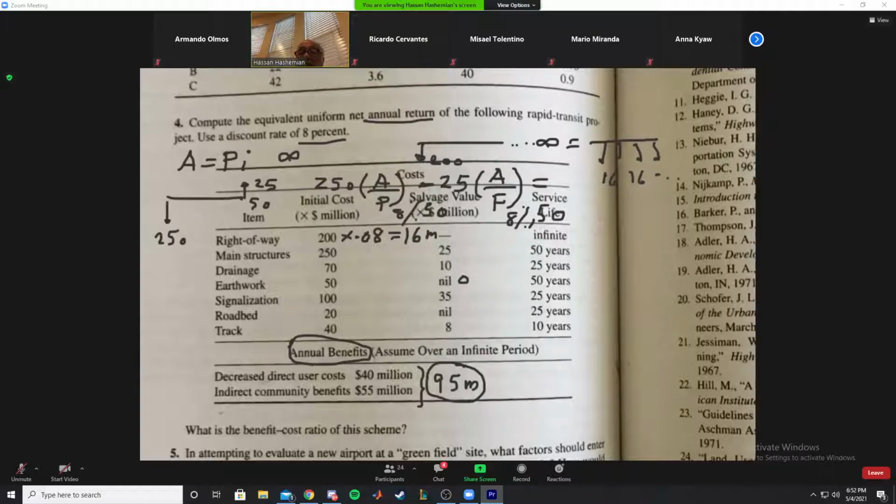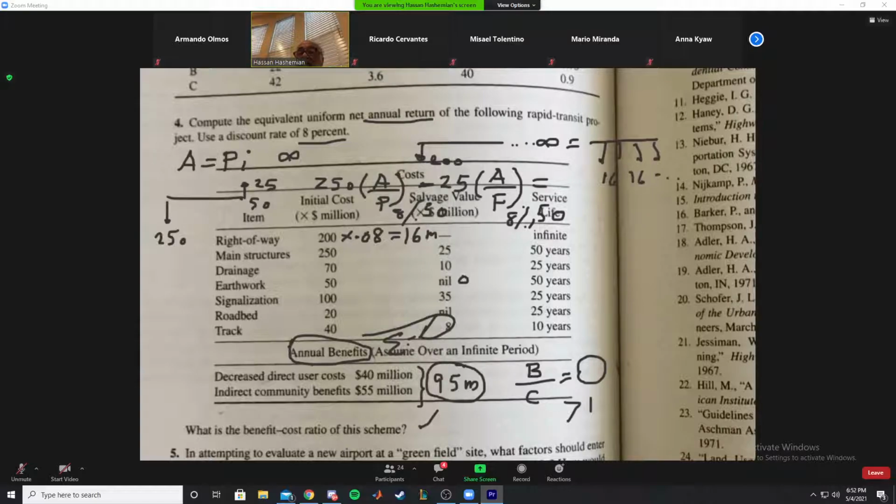When you do that, you add up all of them together, and that will be your cost. This will be your benefit. So you can find what would be your B over C ratio, because that's what they are asking. What's the benefit cost ratio? Whatever it is, if it's greater than 1, means the project is good to invest.